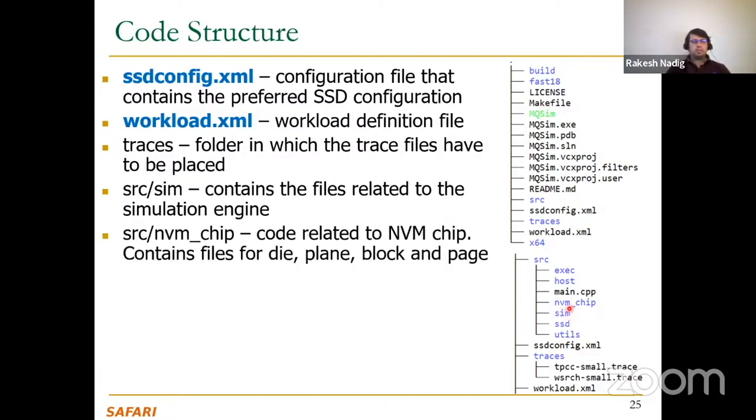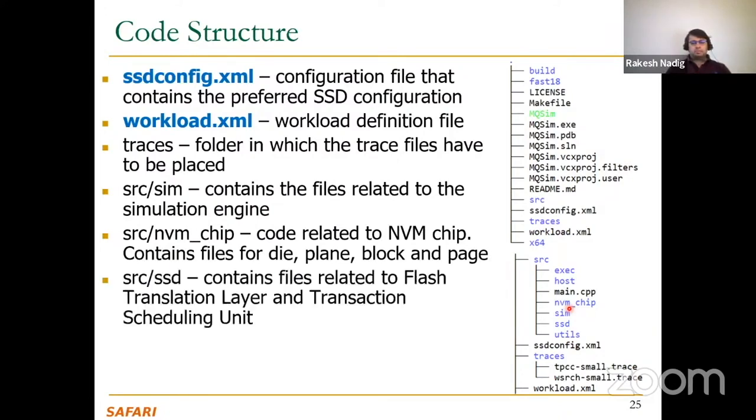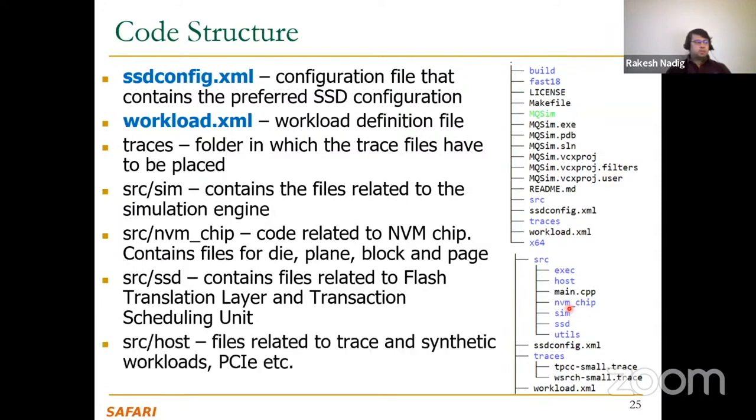The NVM chip folder contains code related to the NVM chip, mostly related to the backend of the SSD, and it contains files for die, plane, block, and page. The SSD folder inside the source folder contains files related to the flash translation layer and the transaction scheduling unit. And the host folder contains files related to trace based workload generation and synthetic workload generation, and also the PCIe protocol, which connects the host to the SSD.